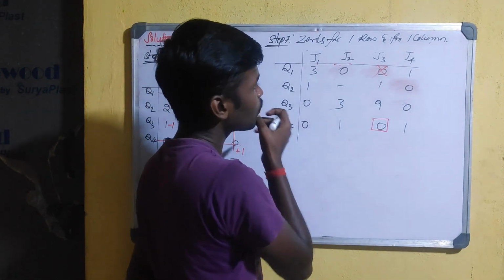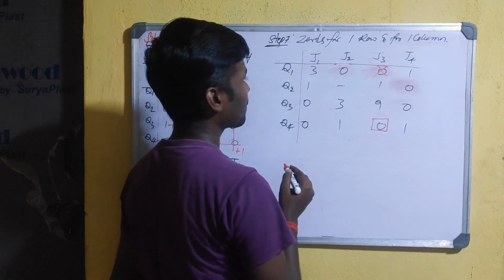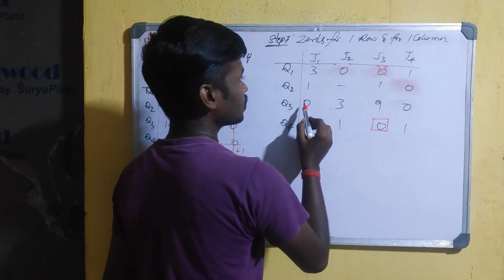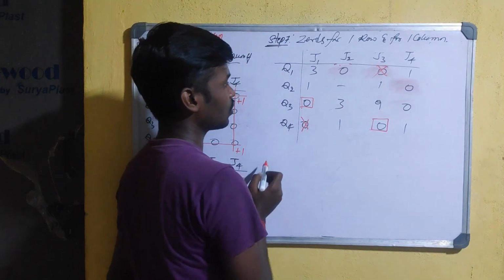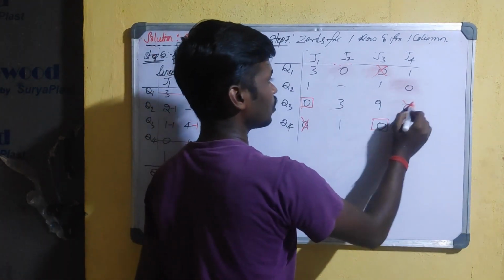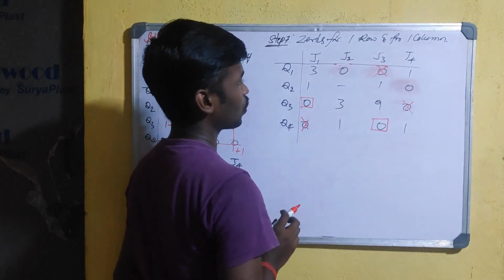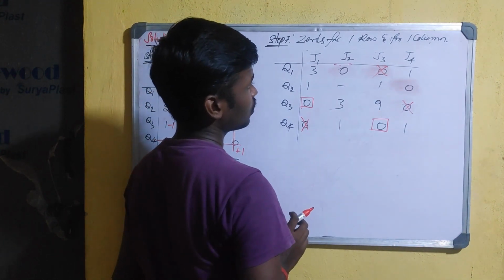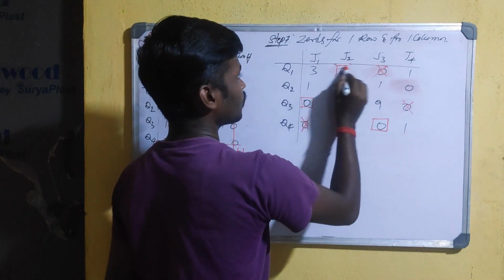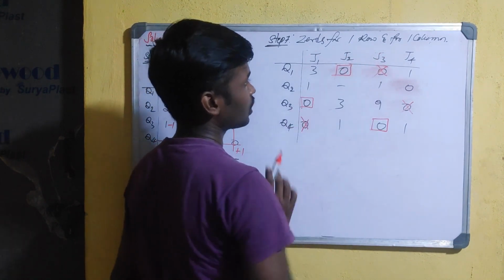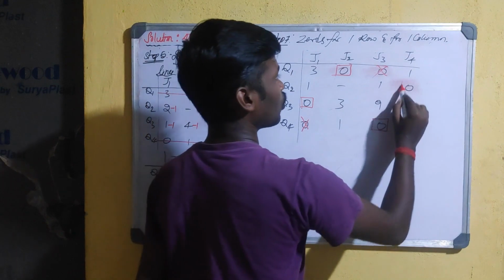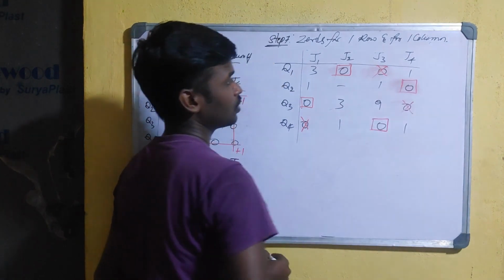Next, I am going to select this 0. It is not possible to select this 0 in the same column and this 0 in same row. Next, I am going to select this 0. Then it is not possible to select this 0. Next, finally, I am going to select this 0.